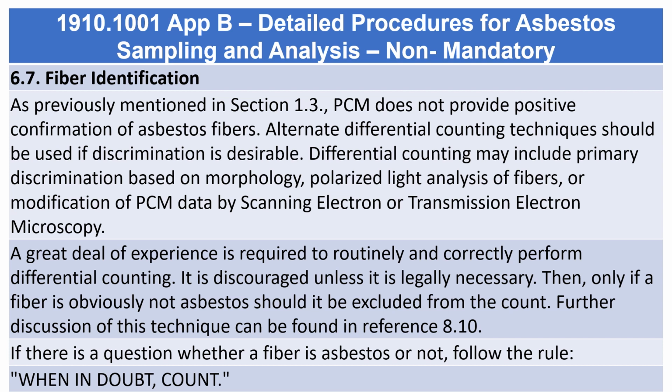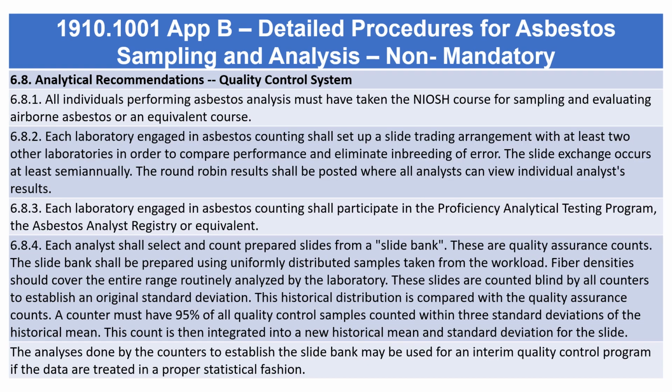A great deal of experience is required to routinely and correctly perform differential counting. It is discouraged unless it is legally necessary. Then, only if a fiber is obviously not asbestos should it be excluded from the count. Further discussion of this technique can be found in reference 8.10. If there is a question whether a fiber is asbestos or not, follow the rule: when in doubt, count.